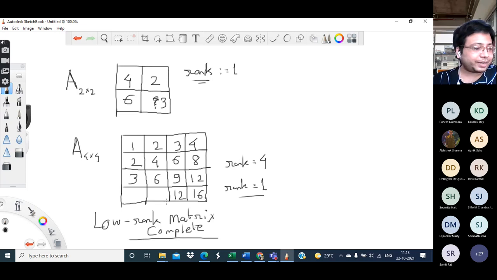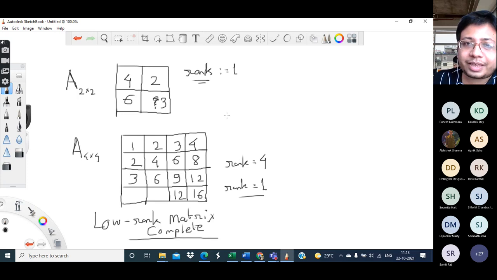If it has some small rank which need not be 1, then also under certain conditions I may be able to solve it approximately. That is to say, I may be able to find some approximate solutions to the missing values. So this is the low rank matrix completion problem.